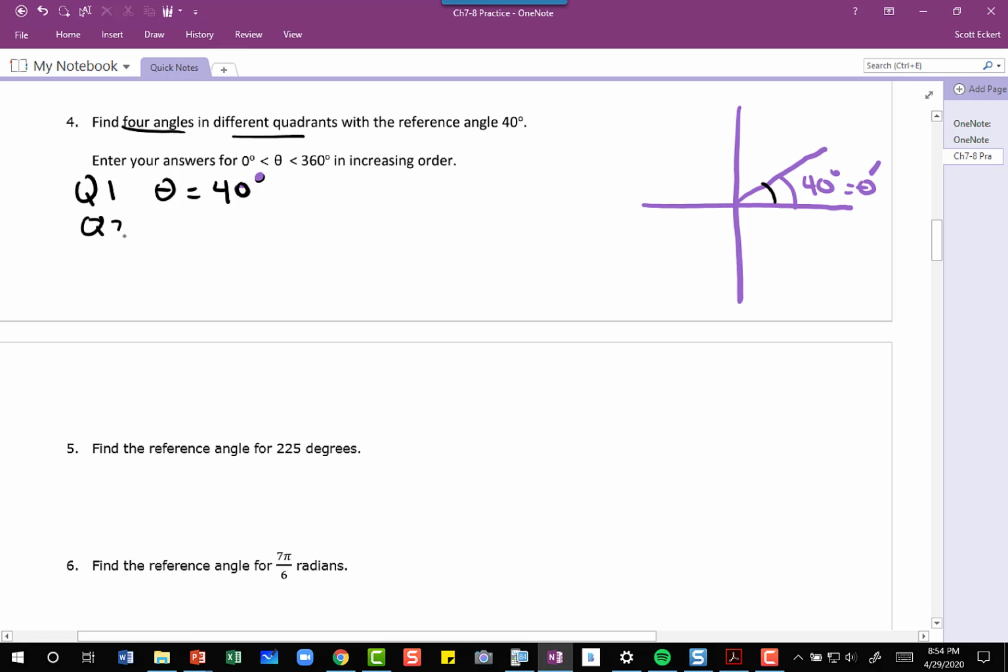What is it in quadrant 2? So the angle would have to be over here in quadrant 2. And so this would be my theta in quadrant 2. And it's going like that. But it has the same reference angle.